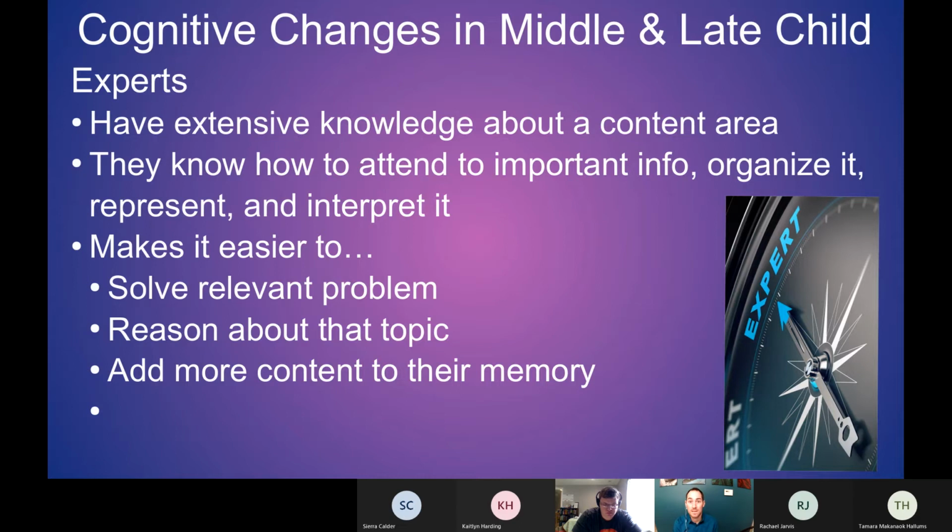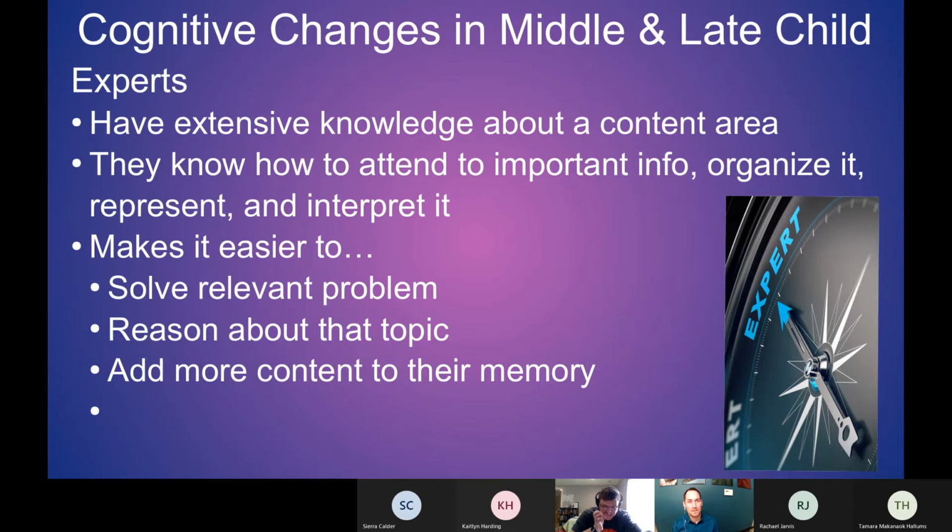So this is something that might seem unusual to you, or you might have seen stories about a child prodigy in some area. Well, obviously not every single child is going to be interested enough to become an expert or have the supports and the materials available to them to become an expert guitar player or something like that.